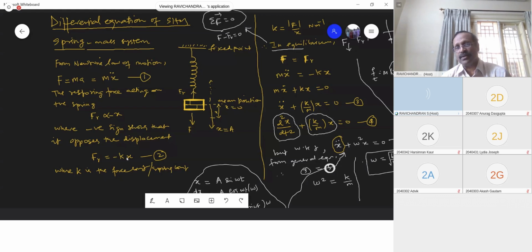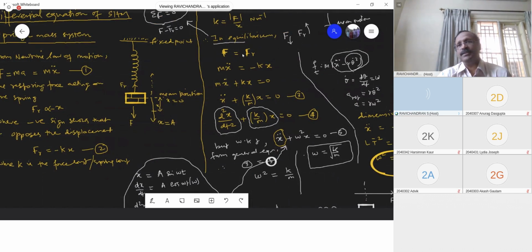I introduce a constant here. This constant is the force constant, the proportionality constant in terms of force per meter. So I call it the force constant. So equation 1 must equal equation 2 because of the equilibrium. As I told you, it is in equilibrium at all positions.